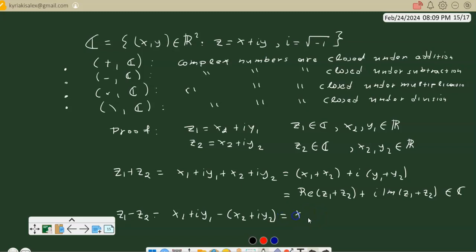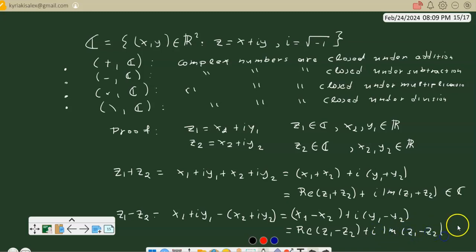We do some algebraic manipulations here. This is the real part of z1 minus z2 plus i, the imaginary part of z1 minus z2.